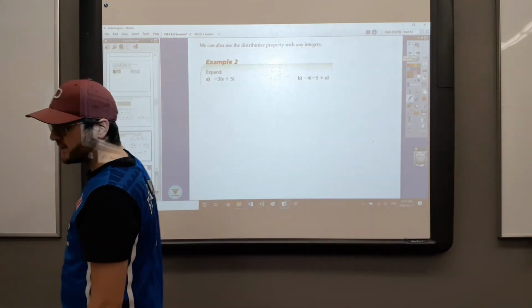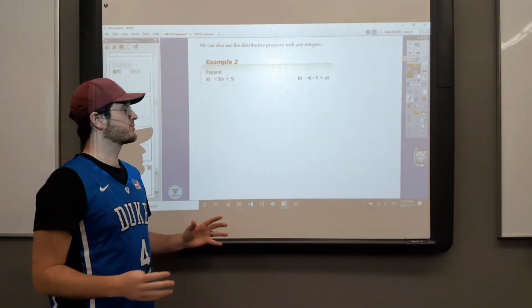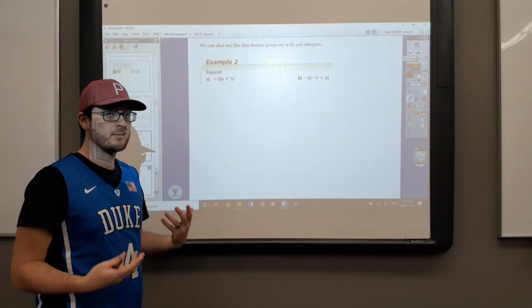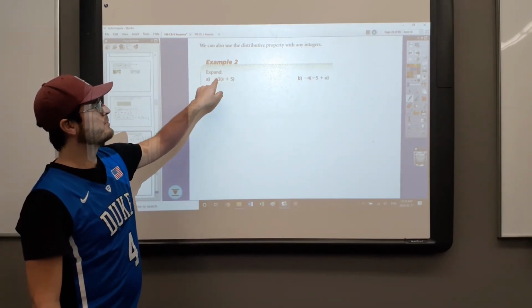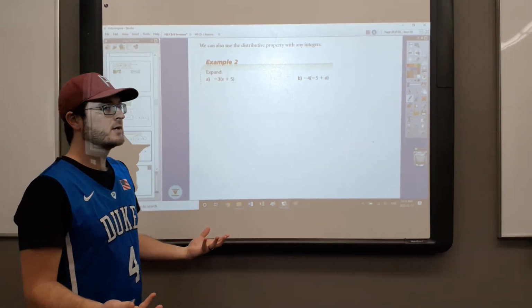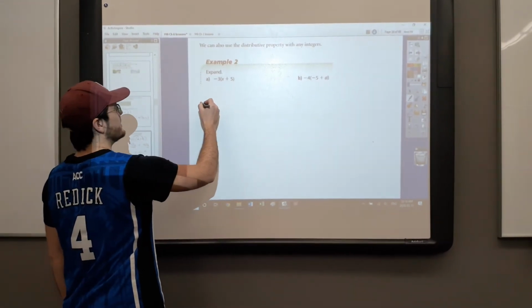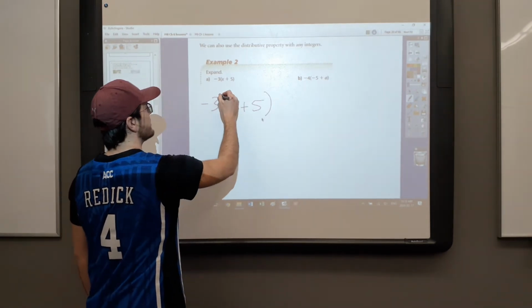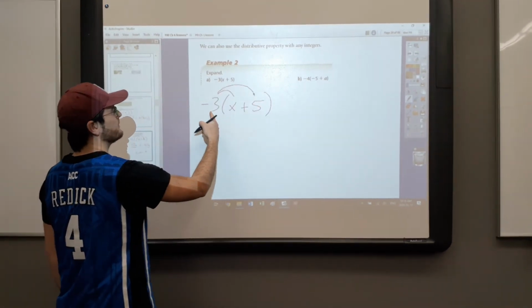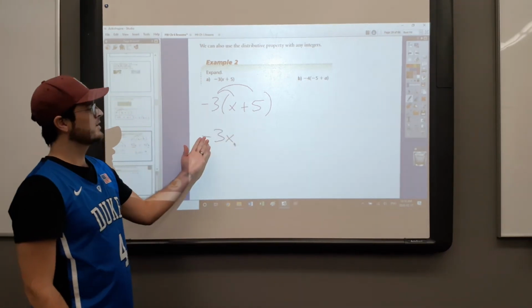All right, so negatives, always got to tackle negatives. For some reason, negatives throw everyone off, but if we remember, the process is the same. We take that number on the outside, we multiply it by both terms on the inside, and we can't forget it because we're just doing the same thing. So here, -3 being multiplied by x plus 5, we do the distributive property. -3 times x is just -3x.